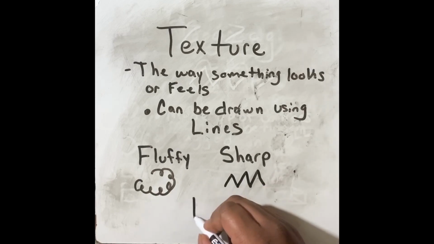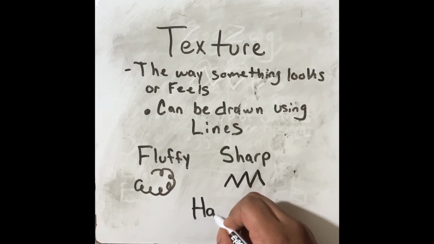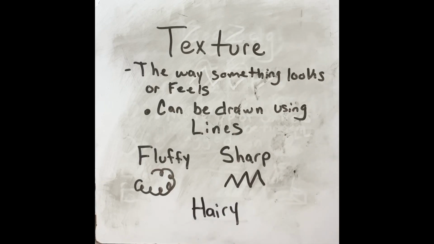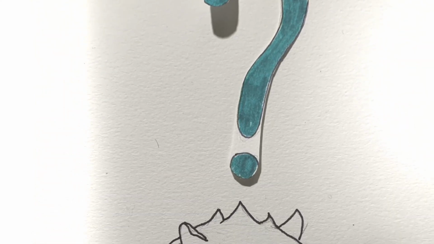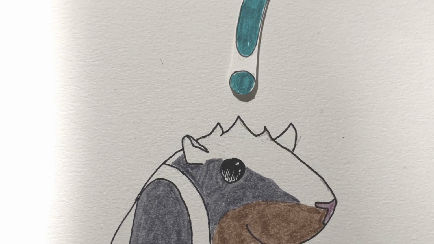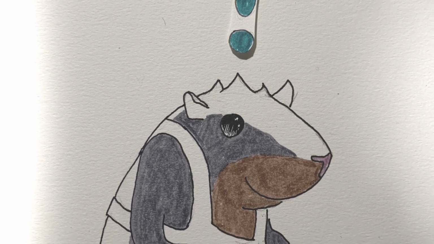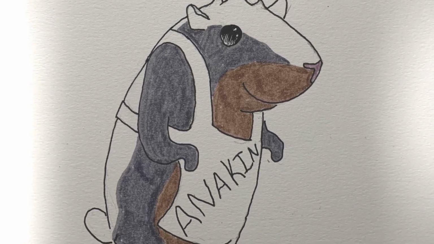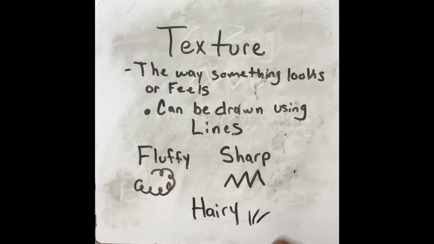Our final example of texture is hairy. What kind of lines can you use to make something seem hairy? If you answered vertical, curved, or diagonal, you are correct.